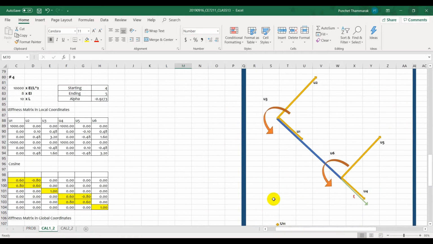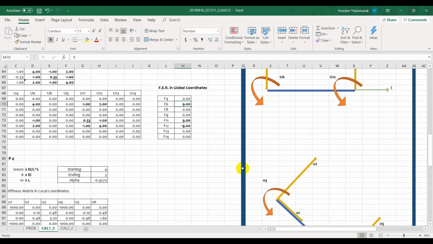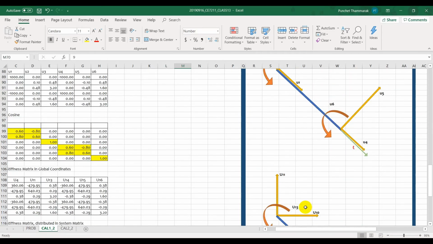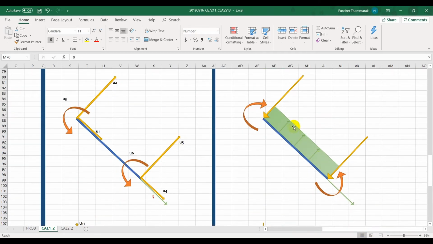Now for this one, first of all, you can look at this member here. The setup is in local coordinate. Okay, we can come up with the fixed end reactions. 1, 2, 3, 4, 5, 6.